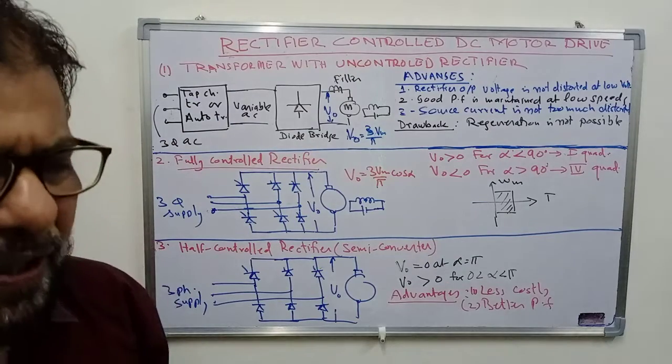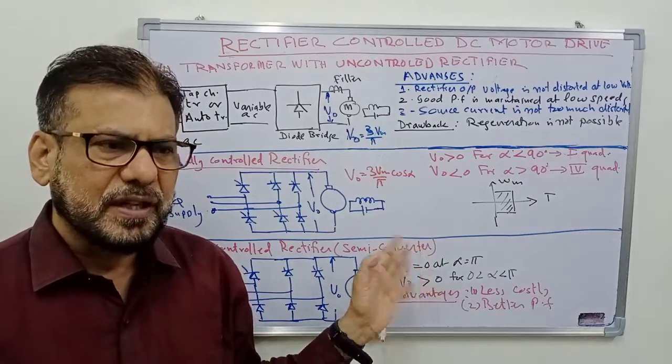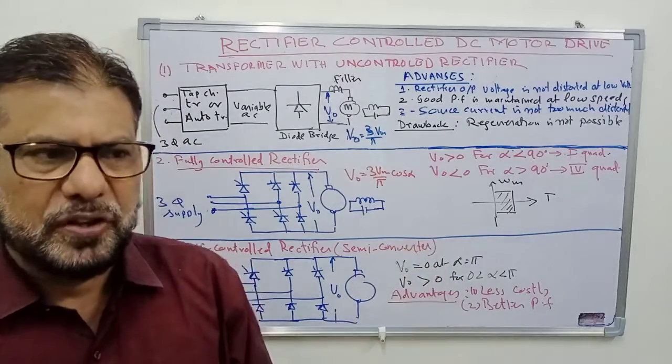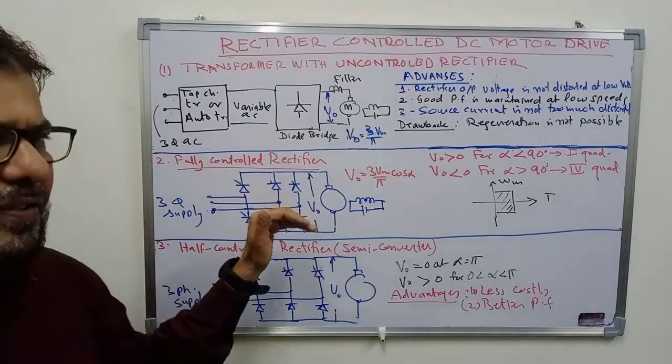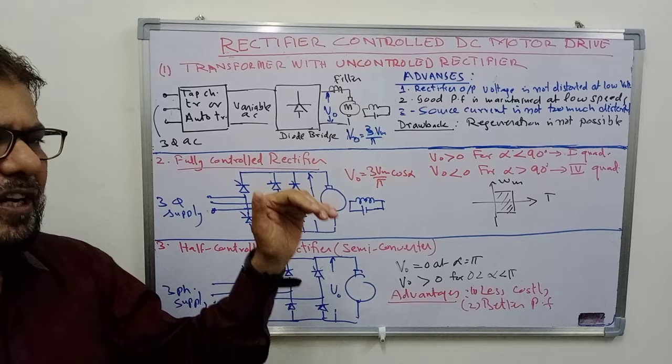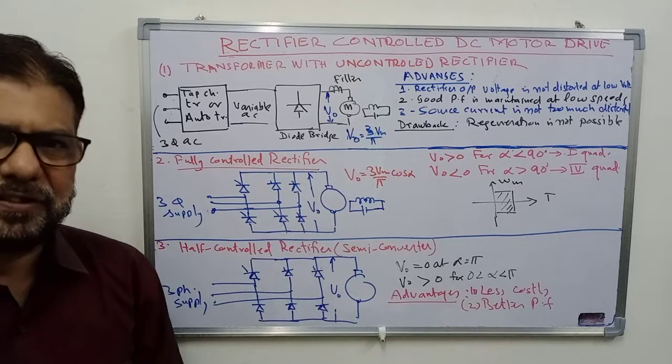In MTech level, you will study more details about these controlled rectifier fed DC motor drives. But here, I will mainly focus on the single phase bridge rectifier fed DC motor drive. We shall discuss that in detail in the next lecture.